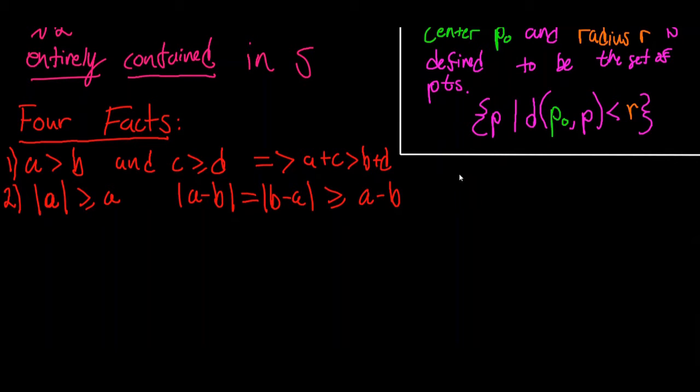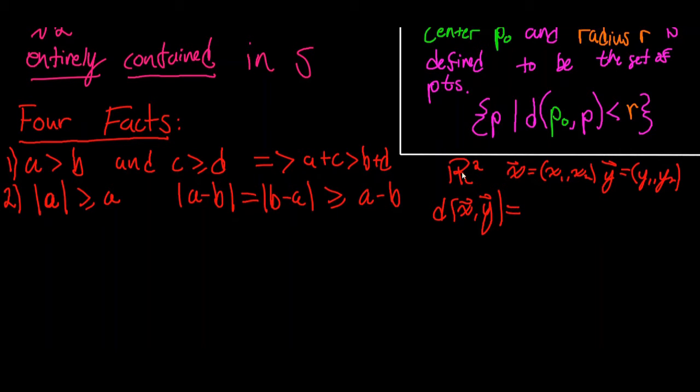Before I talk about facts 3 and 4, I'll remind you that we can use the following distance metric defined on R2. The usual distance metric defined on R2 is the following. The distance between any 2 points x and y, and I'm writing them as vectors, where x is equal to the 2-tuple x1, x2, and y is equal to the 2-tuple y1, y2.